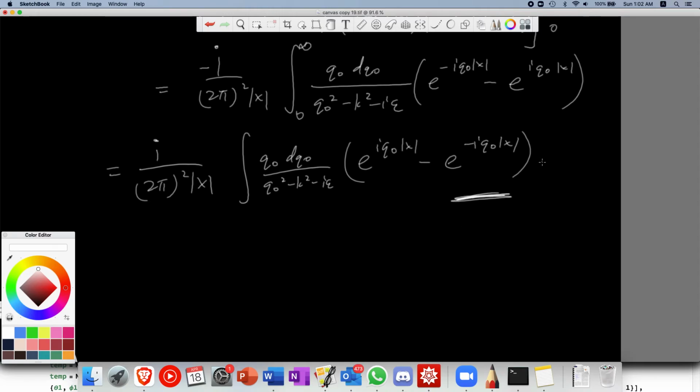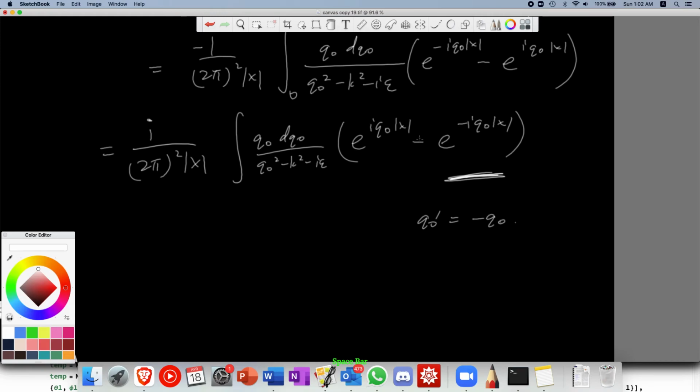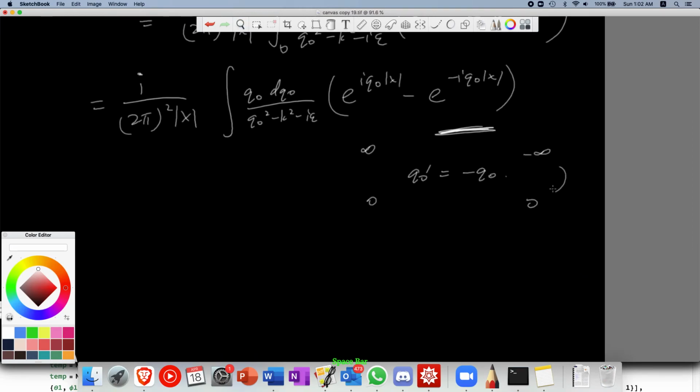So we pull out the integral into two integrals. Then we do a q naught prime equals to minus q naught. So we pick up one minus sign, and we have three minus signs in total, and the integral from 0 to minus infinity, which we can swap over to minus infinity to 0.